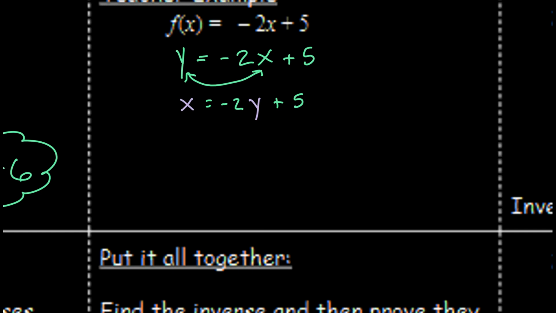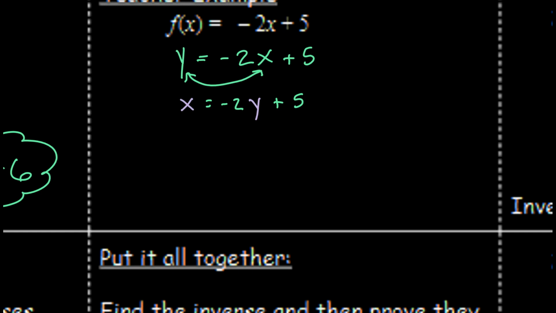Okay. Now, how are functions and equations normally written? y equals. So what do you think we need to do at this point to finish finding our inverse? Solve for y. Get y all by itself. So this is a linear equation.